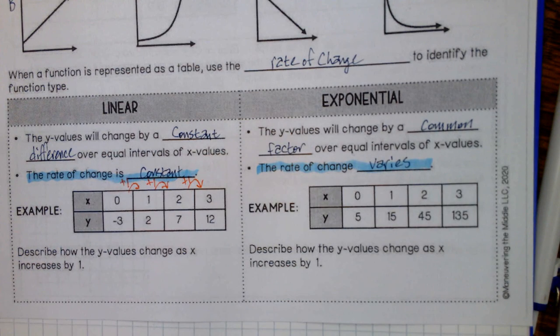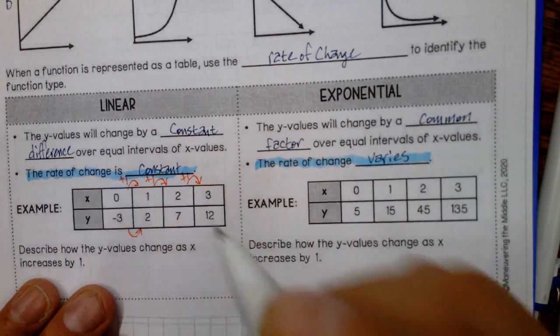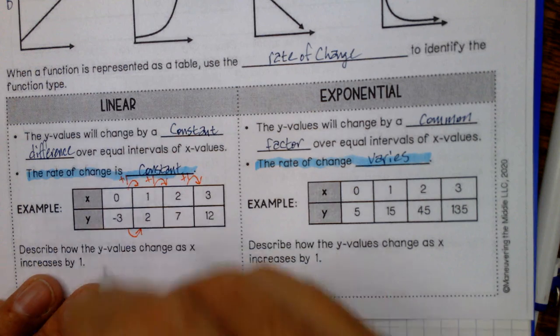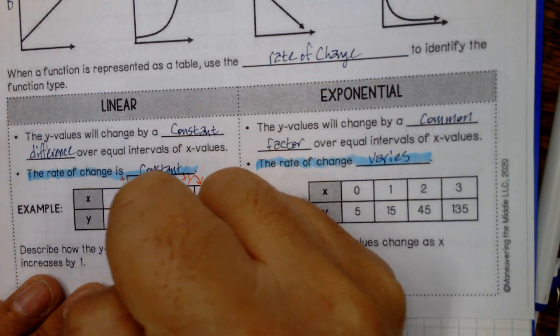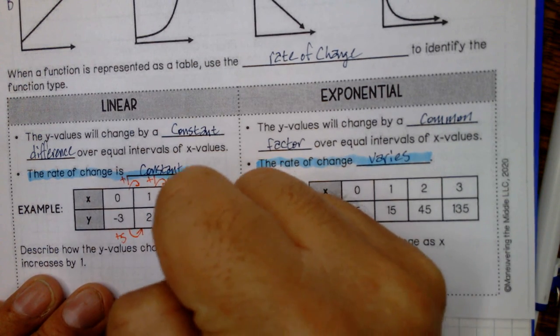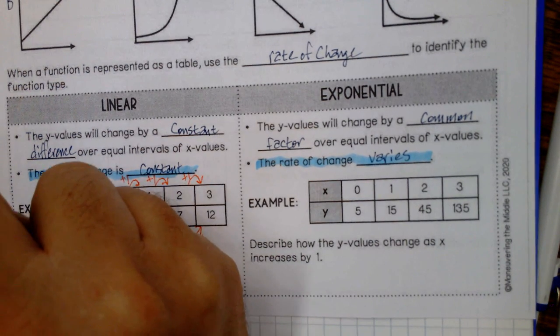That's pretty much going to be the case, or if not, we could just get the slope formula and divide it, and you'll get the same thing. But do you notice what's happening here? Each time it's increasing by 5. So the rate of change, or slope, is always 5 over 1.